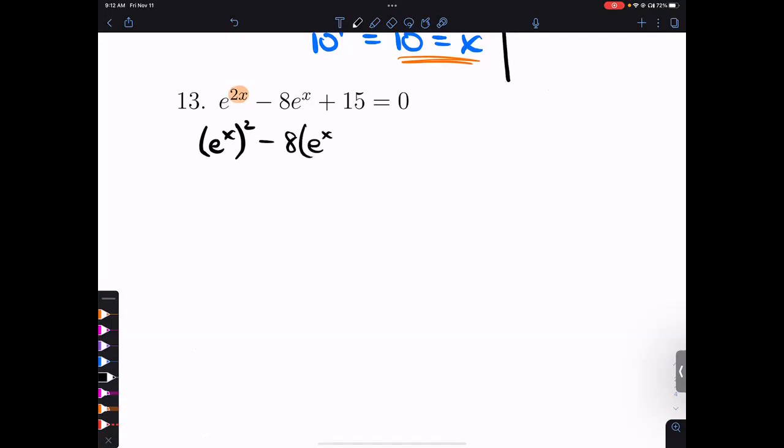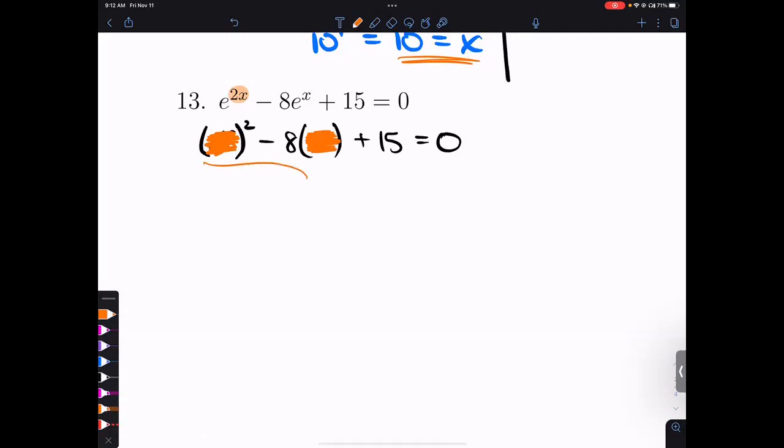And I'm just going to write that like this. So if you look at this, what you might recognize is that these things are the same. So I'm going to do this again.